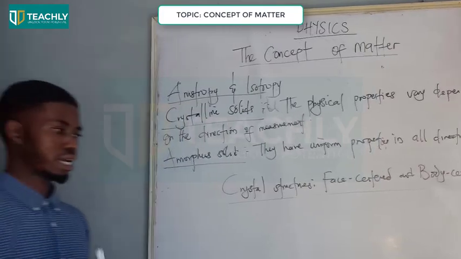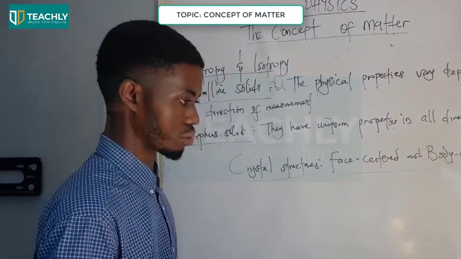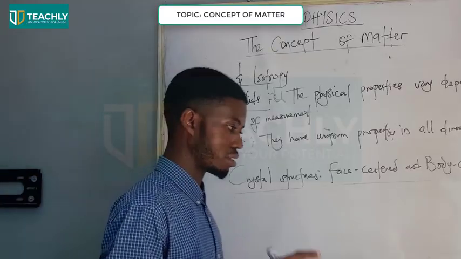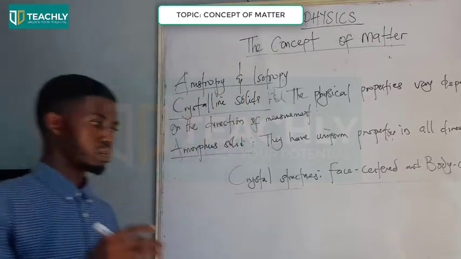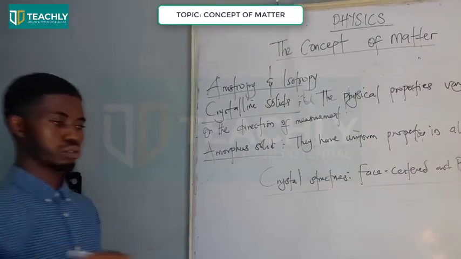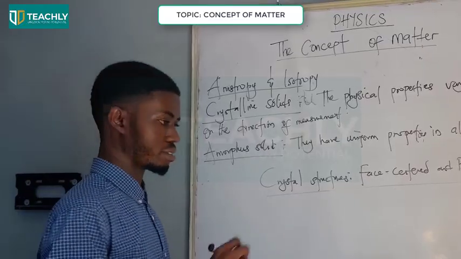Crystalline solids can adopt various lattice structures, with face-centered cubic (FCC) and body-centered cubic (BCC). These are the two prevalent types of crystal structures that we have. Let's begin with the face-centered structure.